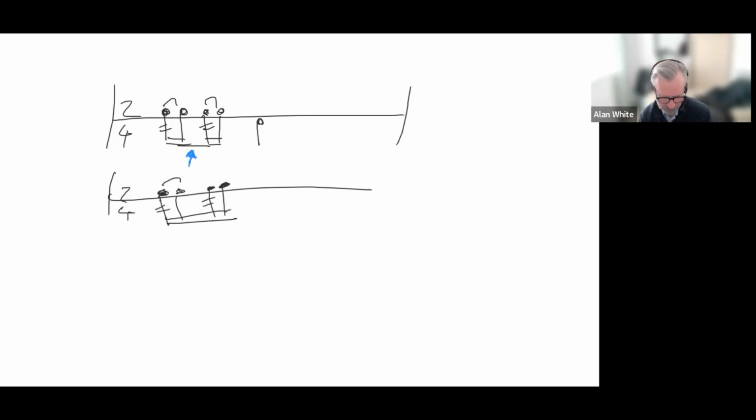What you'll find in pipe bands often is that where a note breaks down, remember we talked about in 2/4 time, things breaking down onto primary subdivisions, it divides by 2, right? So what we've got is 2 groups here.